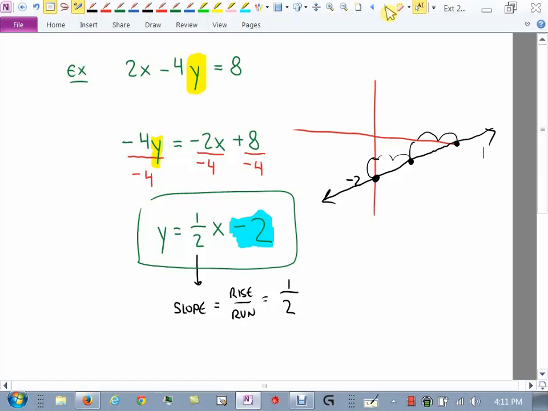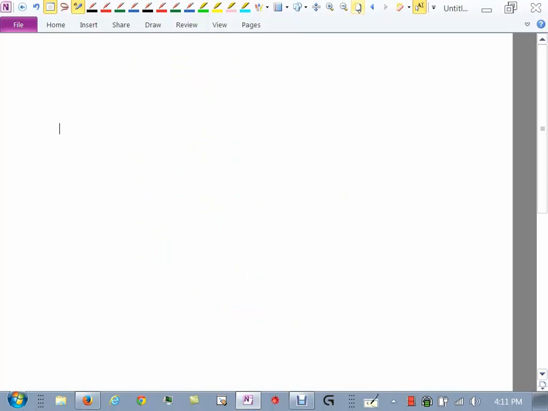All right. Let's see. What else do we need here? Let's talk a little bit again about the horizontal and vertical lines, because those were the two that we had to be a little wary of. Horizontal and vertical.